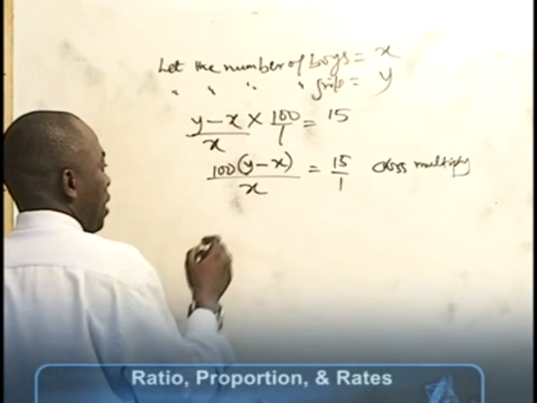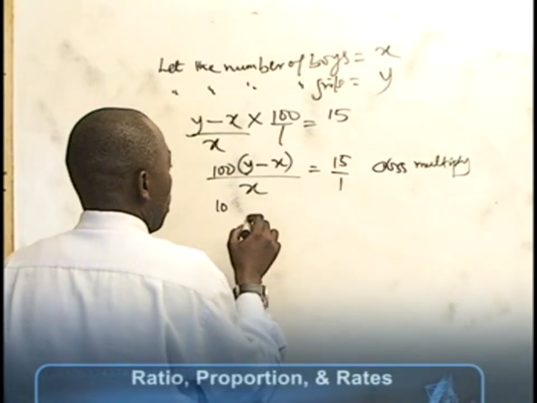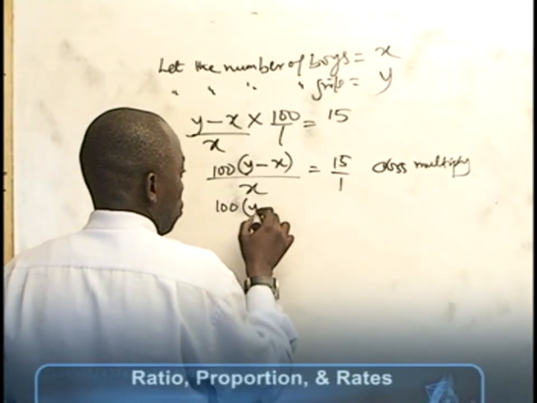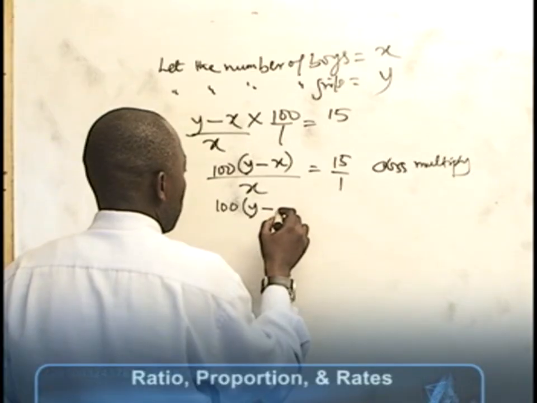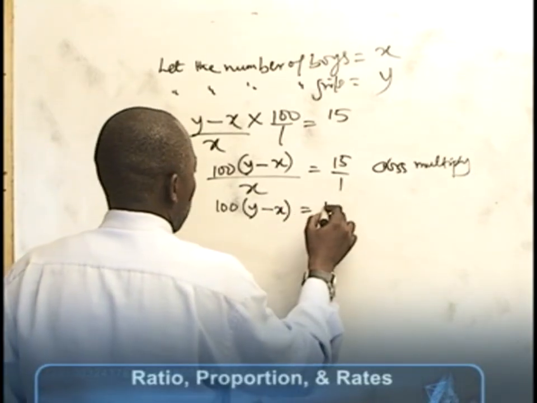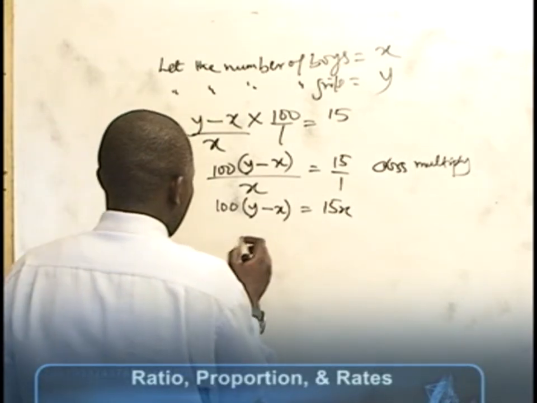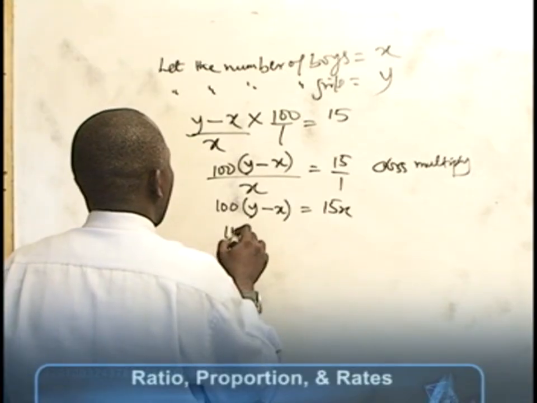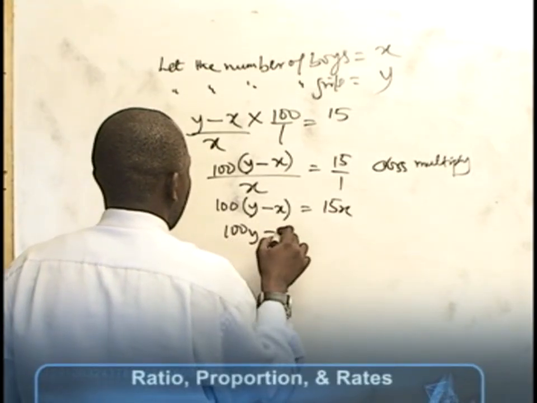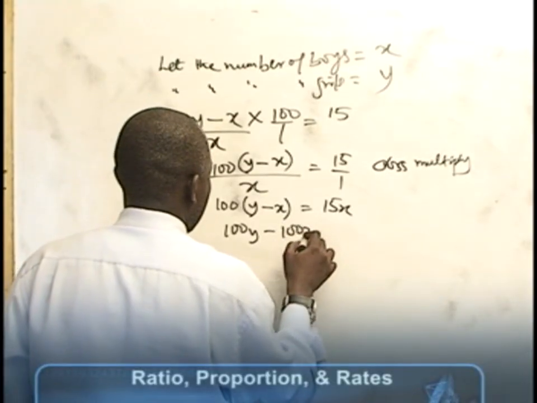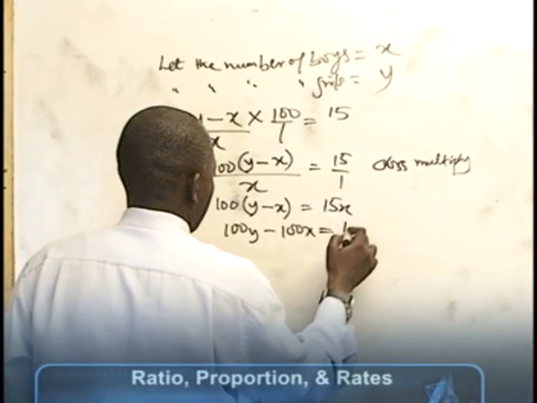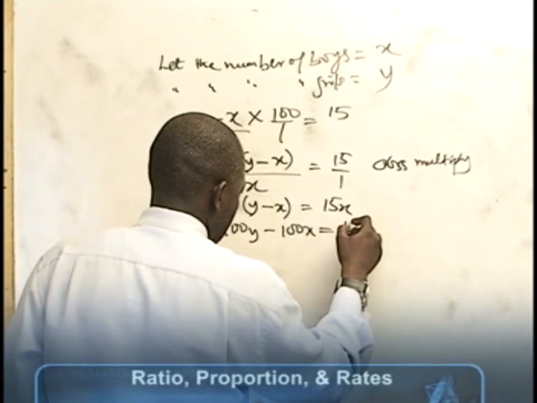If you cross multiply, you have 100 into Y minus X equals 15X. Again, you have 100Y minus 100X equals 15X.